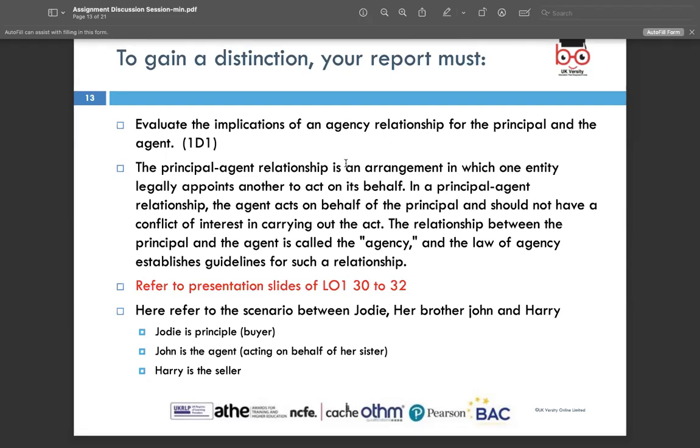Implications for the agent: discuss John's responsibility to act in Jodie's best interest and the potential conflicts of interest. Implications for the third party: consider Harry's position and his reliance on the agent's authority. Refer to learning outcome one, slides 30 to 32, for the implications of the agency relationships. So Jodie is the principal, John is the agent acting on behalf of her, and Harry is the seller.